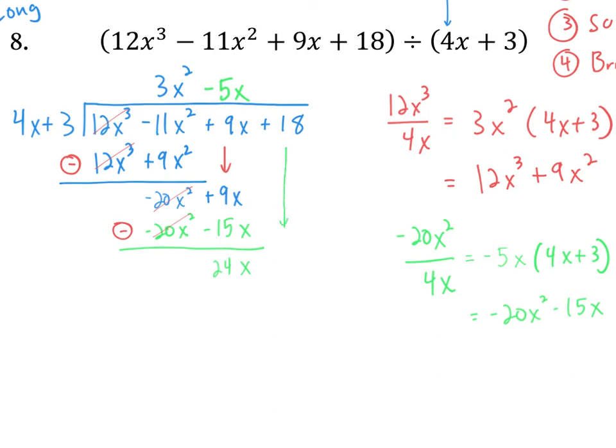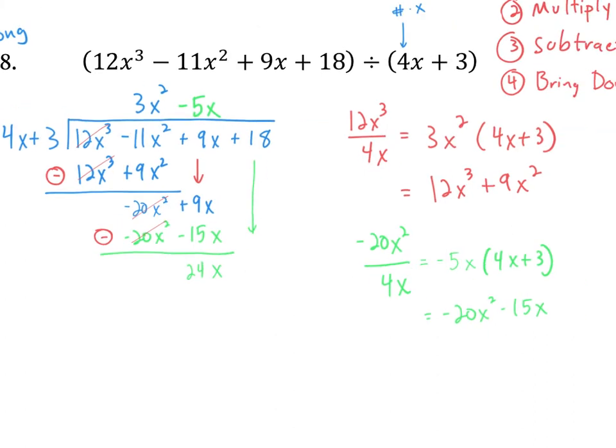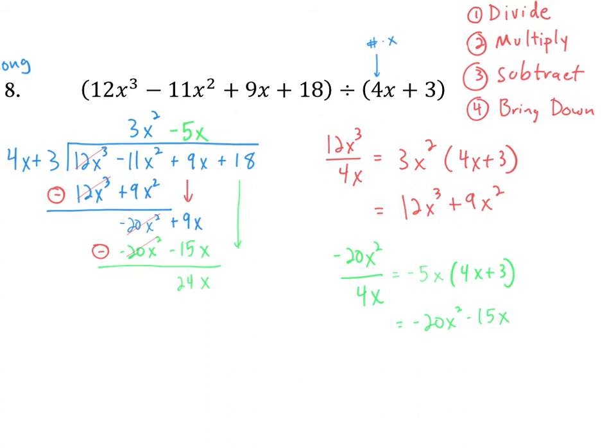Okay, since we just subtracted, the next step is bring down, and then do one more. This will take one more round of steps. First thing down here, divide it by 4x. The x's cancel, and then 24 divided by 4 is just 6.